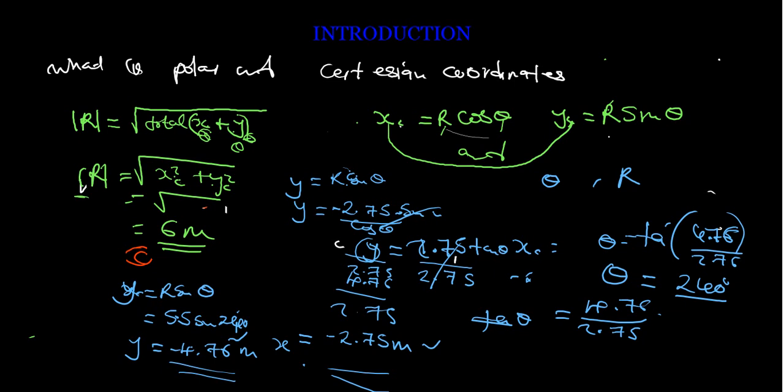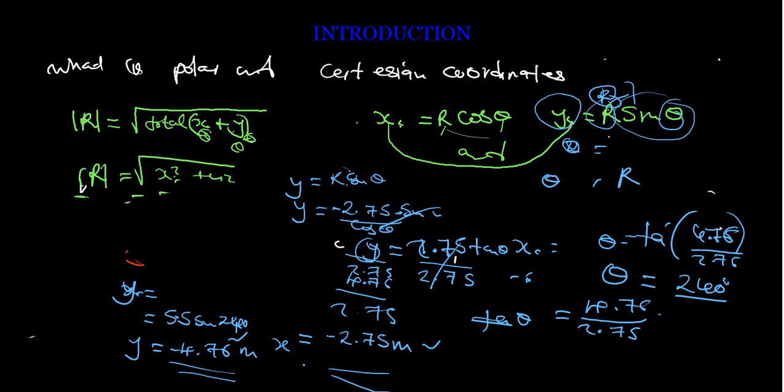Let's say I use y, so I put the value of y there. Then you know the theta, you divide y by sine theta, and then you find your r. So that's how you find the r, and for sure your r will be 5.5, something like that. It's just the other way around.